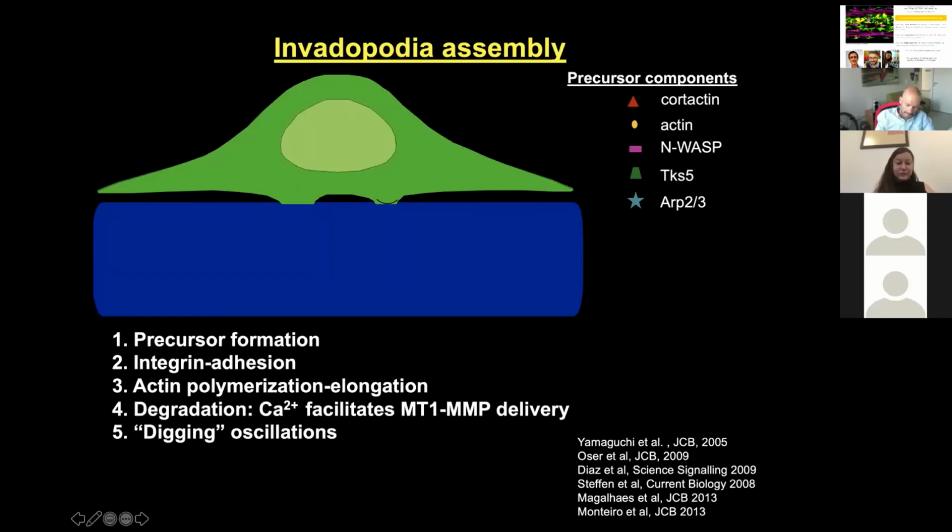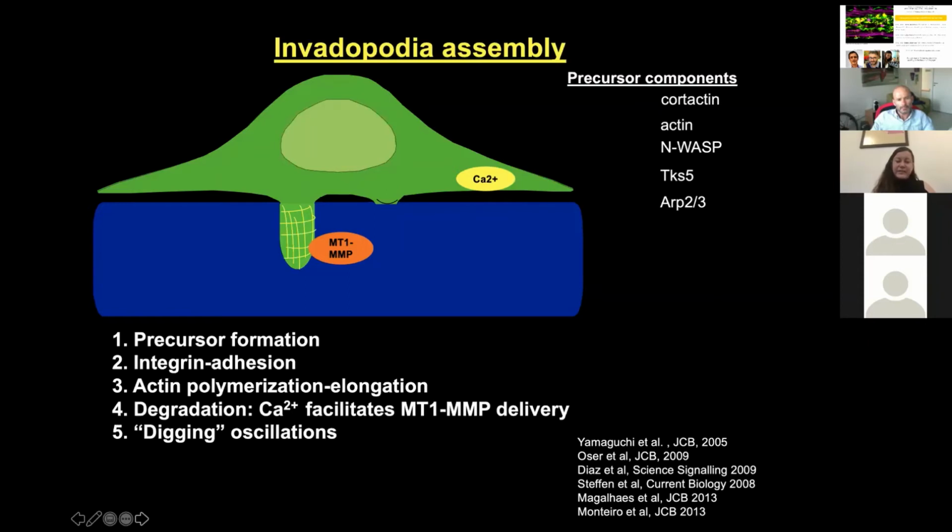It's a scaffolding protein. So all of these proteins come together in the precursor, and then the structure adheres to the extracellular matrix via adhesions and polymerizes actin in order to elongate. The degradation is initiated by calcium entry, which facilitates delivery of MT1-MMP to the membrane.